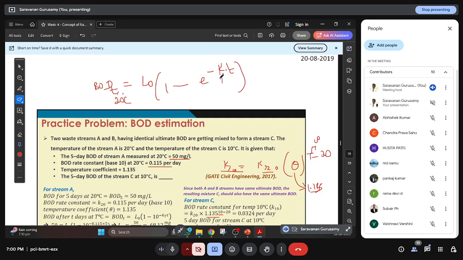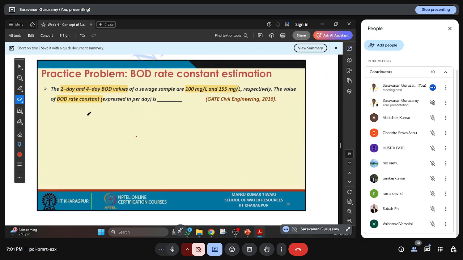If they give K at 20 degree and ask for 10 degree, we need to convert K with the formula KT equals K20 into theta power T minus 20. Substitute the temperature and theta here, the time they ask here, and L naught if given. You will get the BOD. So all are known values. Solve this question.